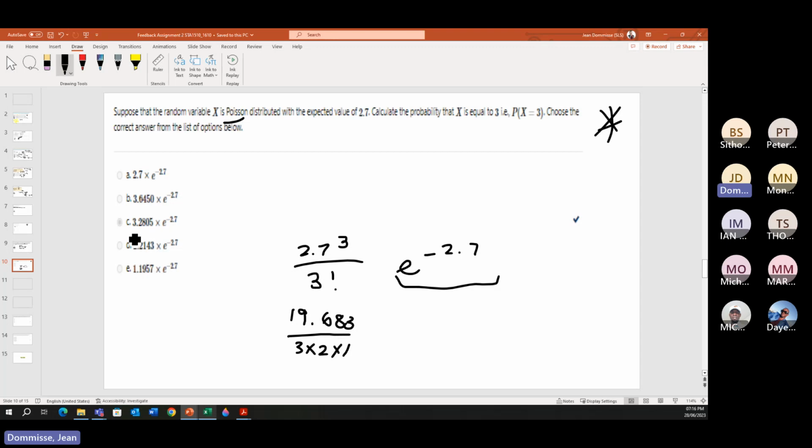That will give us 3.2805. Okay, so I would first look at the e to the power of minus 2.7. Unfortunately, nothing could have cancelled it out. Then again it does take a bit of time, but 2.7 to the power of 3 divided by 6 will give us the 3.2805.